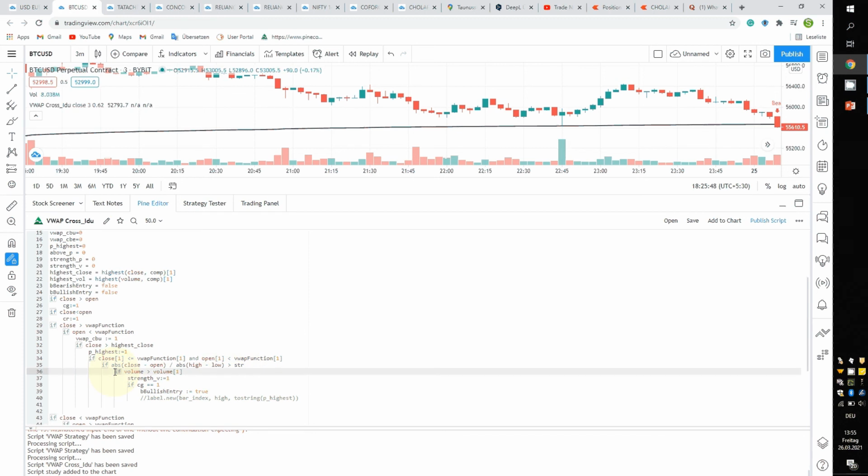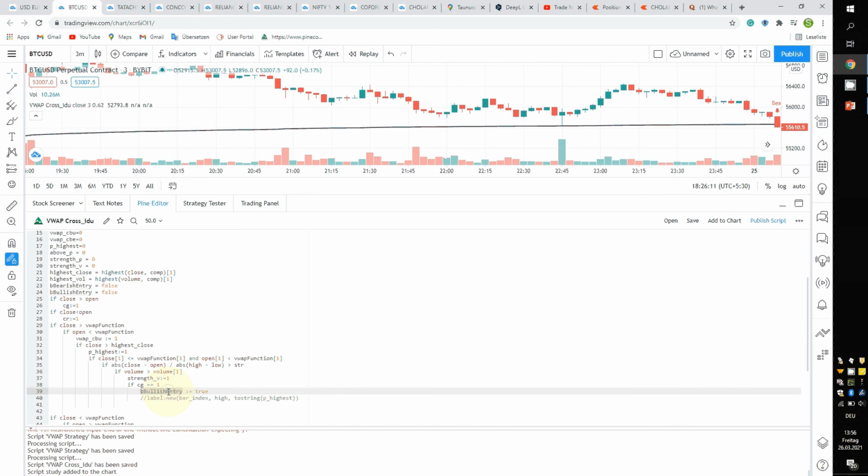The next condition is if volume is greater than volume[1]. So now I'm checking the volume profile at the candle where I'm generating the signal: is it greater than the previous volume? If yes, then this is again a true condition, which would generate a bullish entry for me.